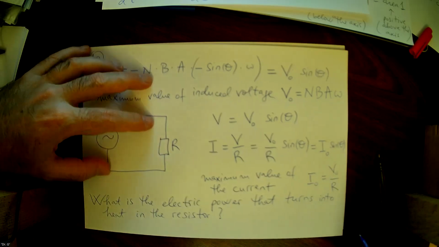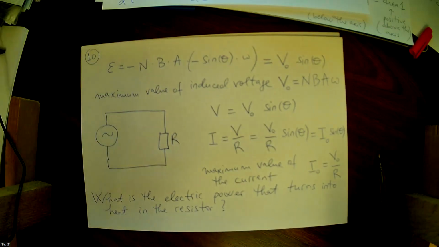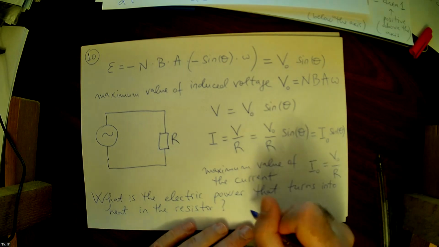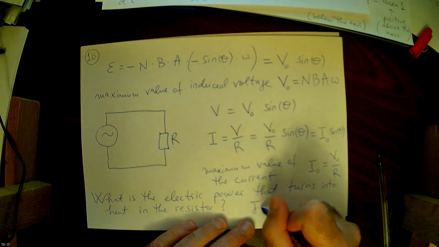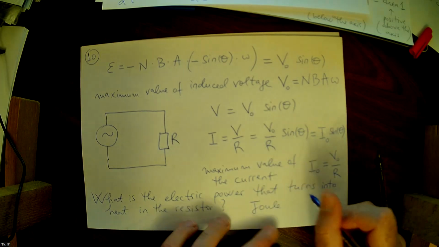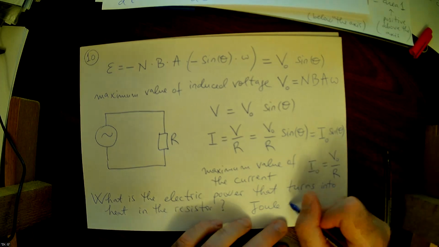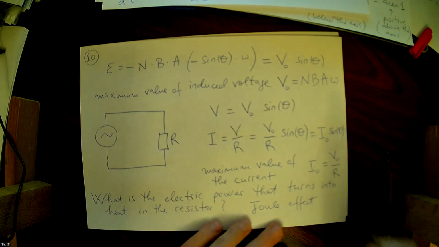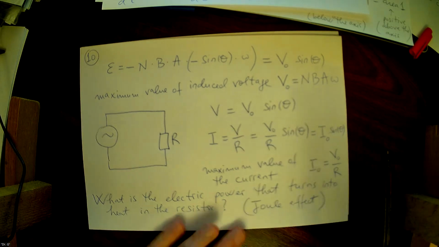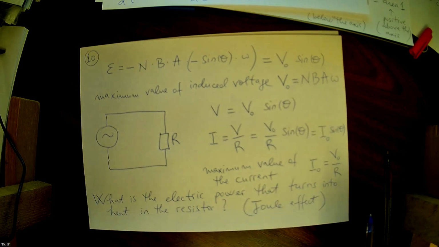This is the so-called Joule heating, Joule effect. What is the electric power that turns into heat in the resistor?